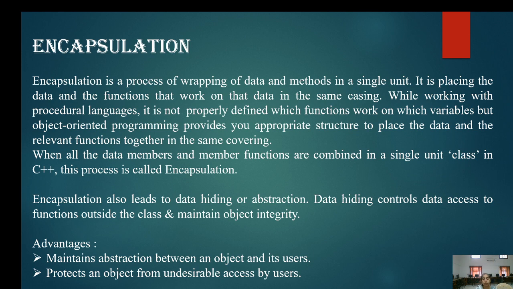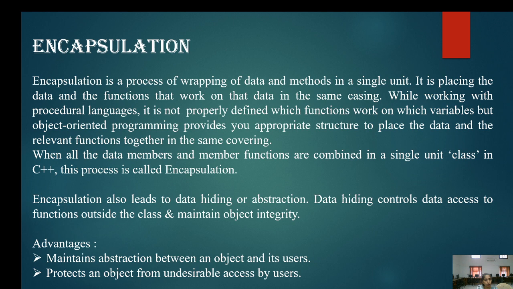We cover the data and functions together in a single case in OOPS. When all the data members and member functions are combined in a single unit, a class in C++, this process is called encapsulation. It leads to data hiding and abstraction.